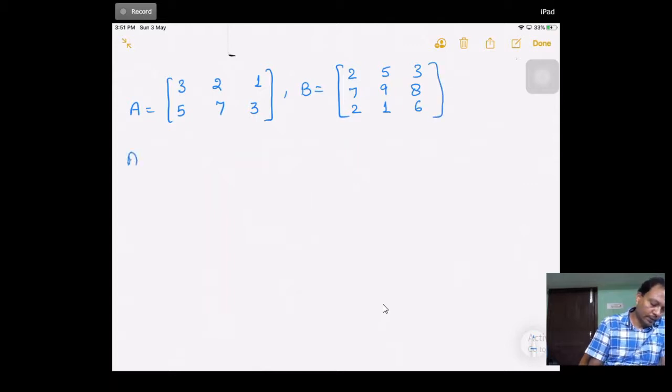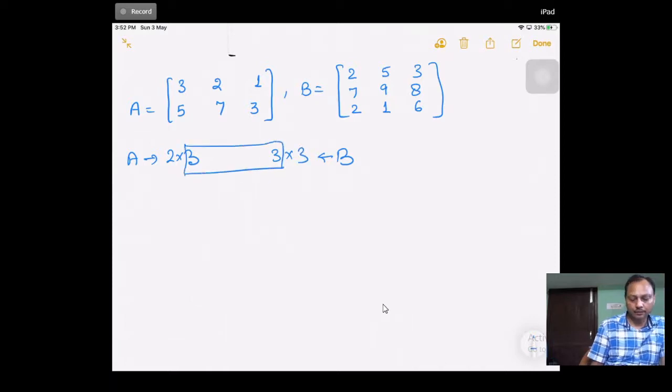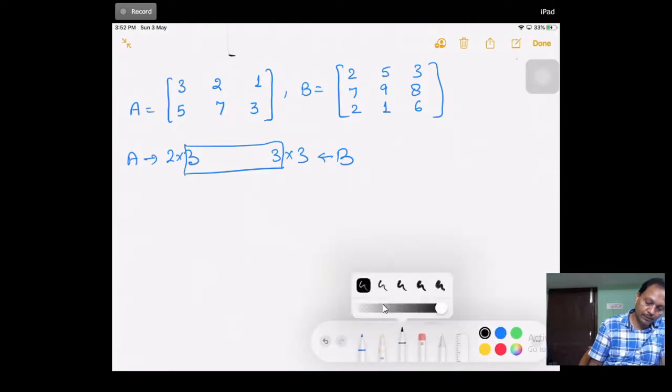Now the order of A is 2 by 3 and the order of B is 3 by 3. The number of columns in A and the number of rows in B are equal, so multiplication is possible. So we are going to find the product of these two matrices.